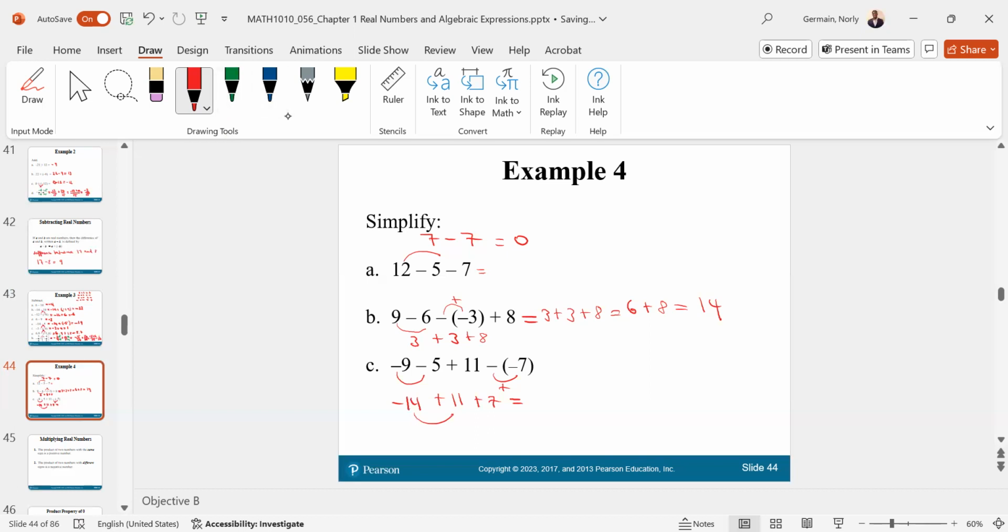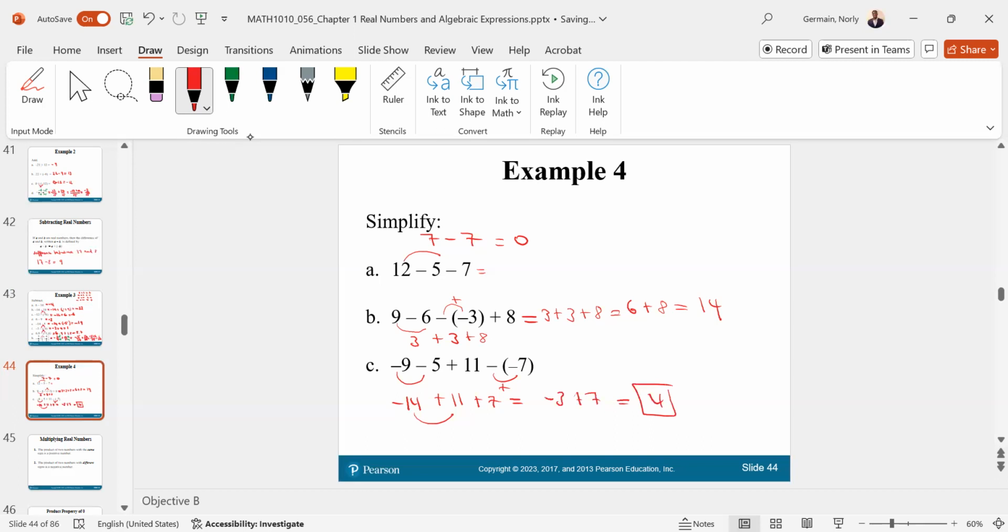Negative 14 plus 11, that's what we said. Negative 14 plus 11 gives you only negative 3. Subtract and keep the sign of the largest number. 14 minus 11 is 3, but 14 is negative. Then the result is negative 3 plus 7 again. 7 minus 3 is 4. Okay? All right.